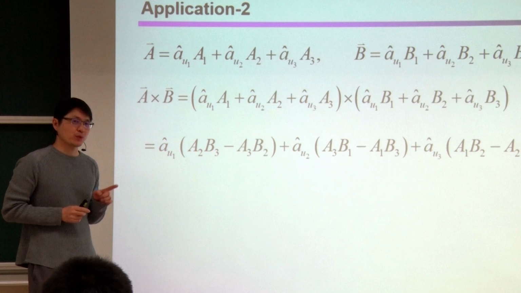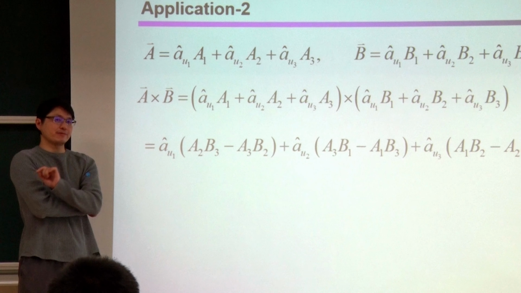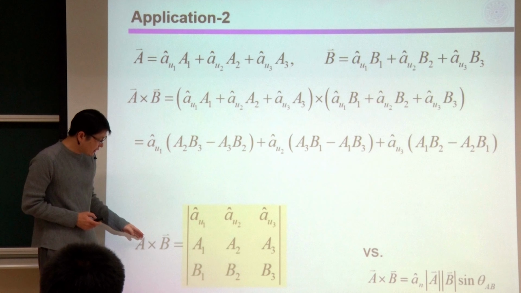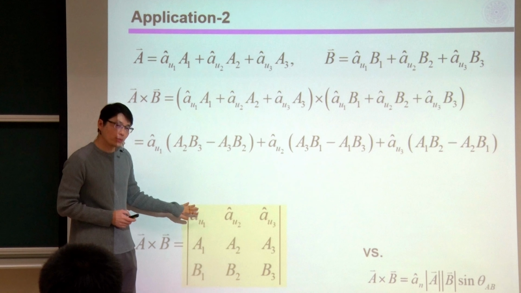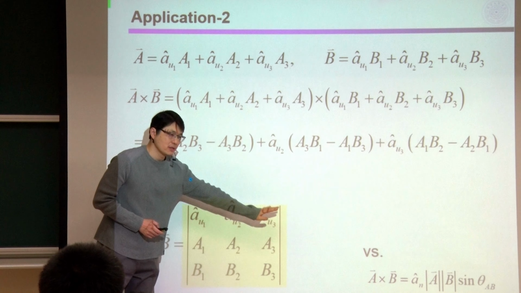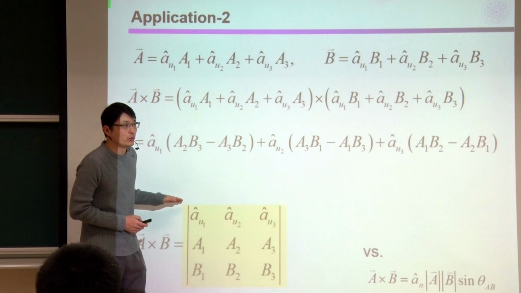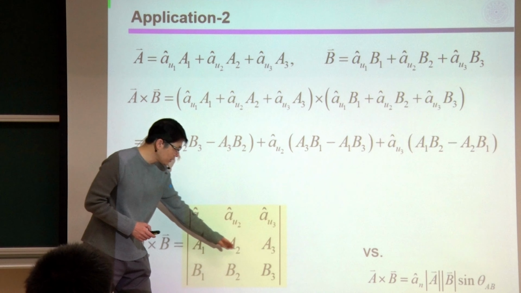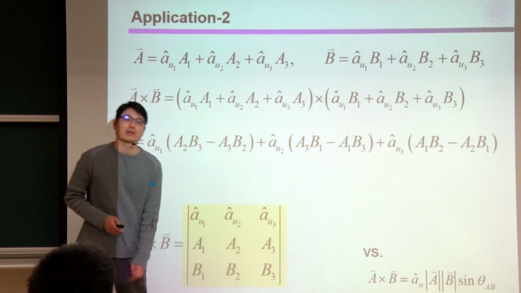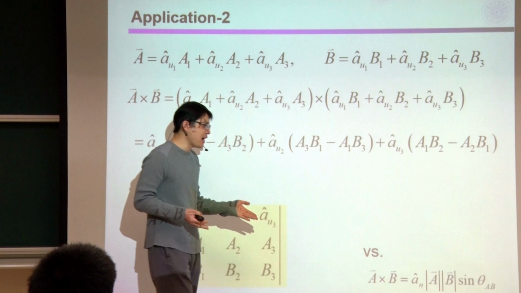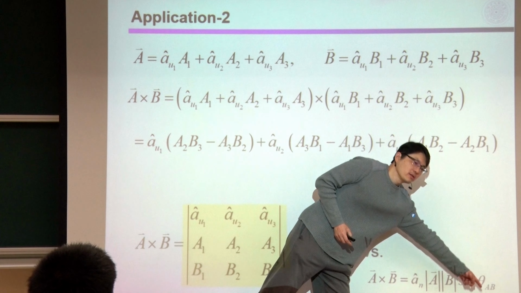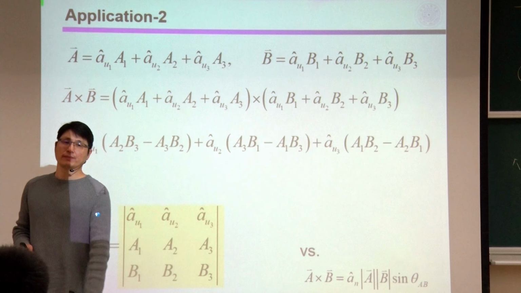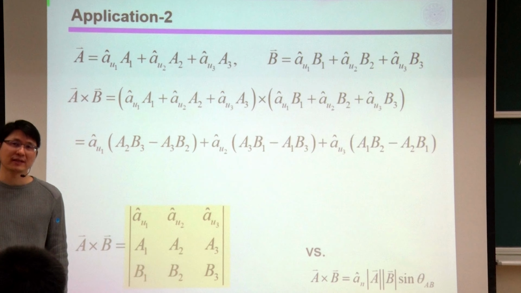Okay? So with cross products, you have to be very careful about the resulting directions. So the fancy way of writing A cross B is you write down the unit vectors in the first row of a 3 by 3 matrix, and then A1, A2, A3, B1, B2, B3. Right? Again, in the past you needed to calculate the angle between the two vectors, and now you don't. You can do direct calculations.